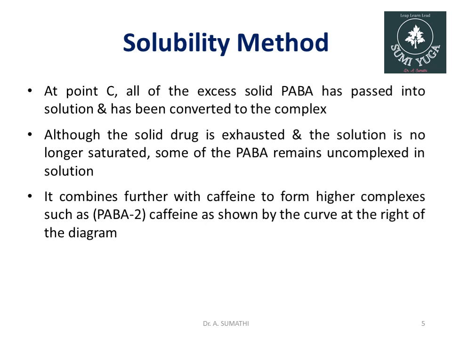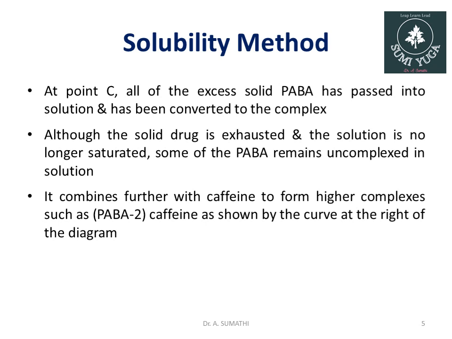Now comes point C. At point C, all the excess solid has passed into solution and is getting converted to a complex. Some of the PABA remains uncomplexed in solution.